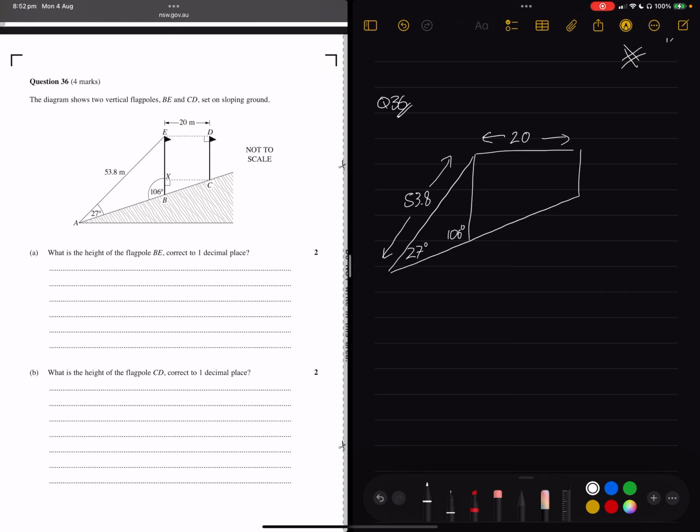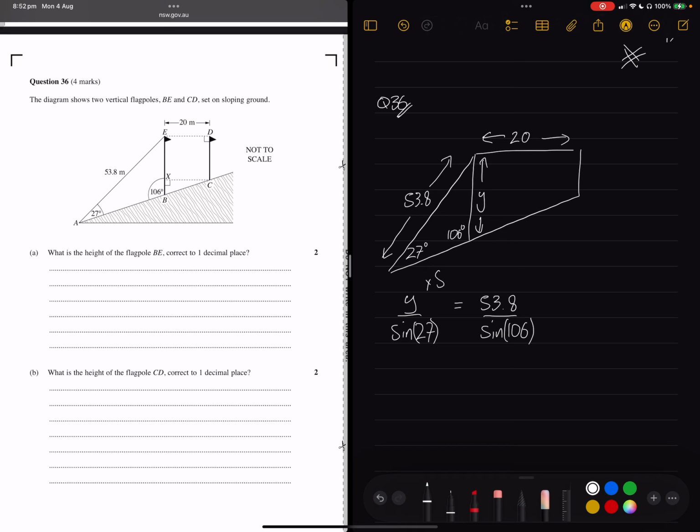All right, well, we can use sine rule straight away to find this length. We'll just call it y. We know it's BE, but we'll just call it y. So y over sine of 27 equals 53.8 over sine of 106. So this is our non-right sine rule.